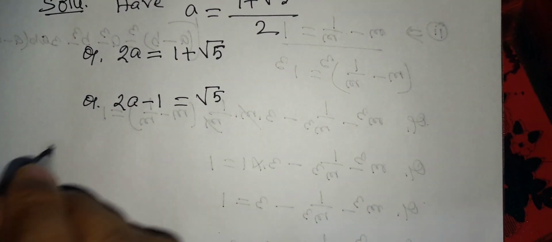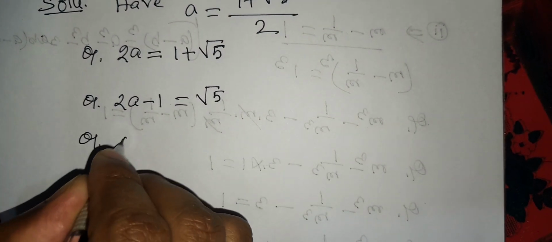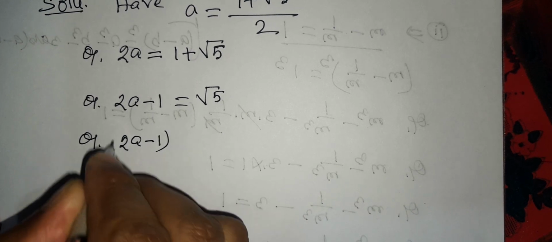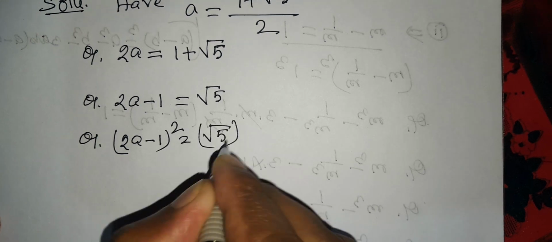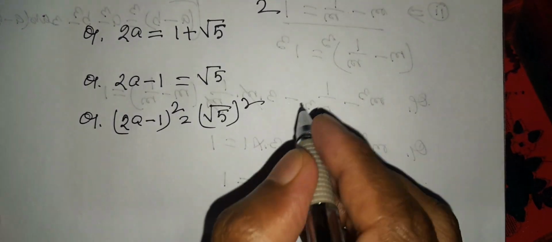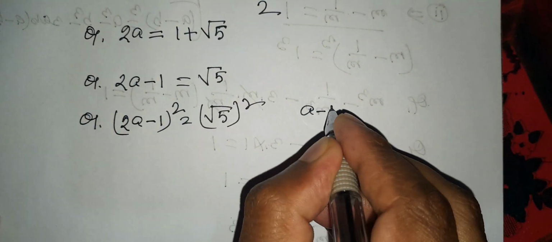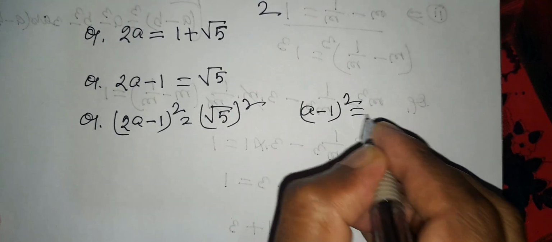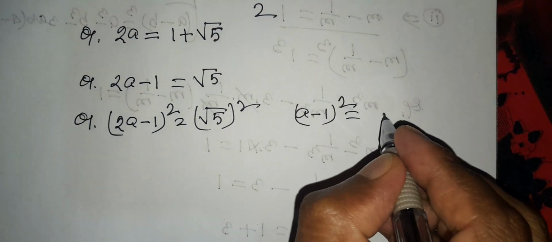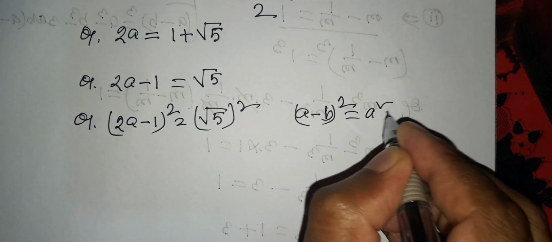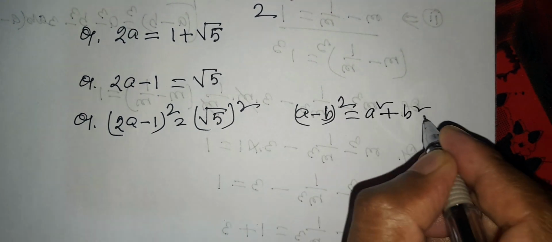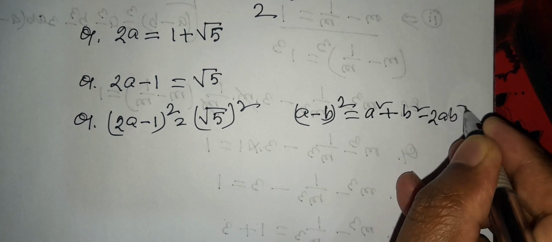Now squaring both sides, we get (2a minus 1) all square equals (root 5) all square. Here we use the formula (a minus b) all square is equal to a square plus b square minus 2ab.